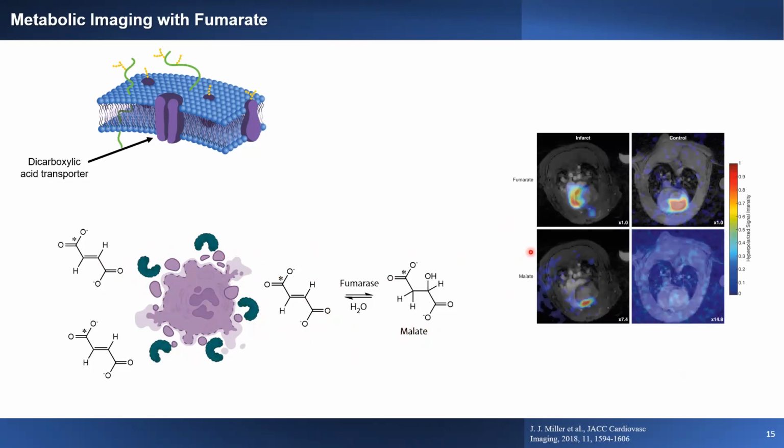And I think here we have a nice example of an infarct heart and a control mouse with a healthy heart. And we can look at the hyperpolarized fumarate map and the hyperpolarized malate map. And we essentially see that for a healthy mouse, we don't have malate forming, whereas we do when the heart was infarct, because some of the cells died and this enzyme was allowed to escape.